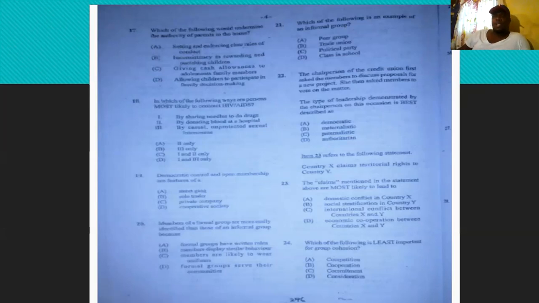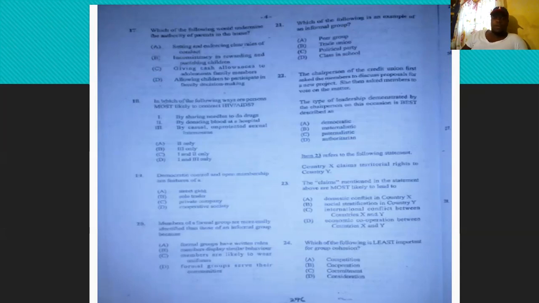So if somebody goes there to take territory, or I should say, says we own you and you belong to us, some sort of problem is going to arise. It's not domestic because it's not local. It's between two countries, so it becomes international. Good. So therefore, we're going to have an international conflict between country X and Y. So the answer for 23 is C.